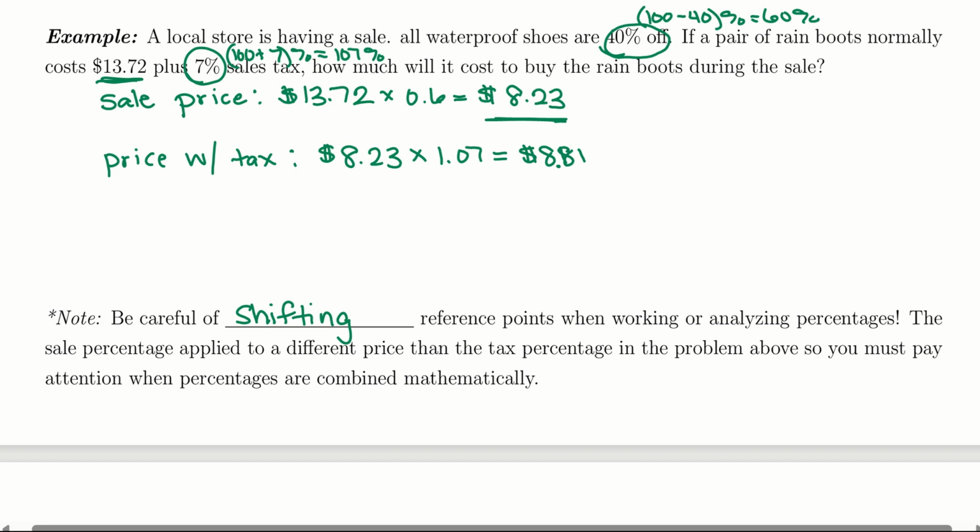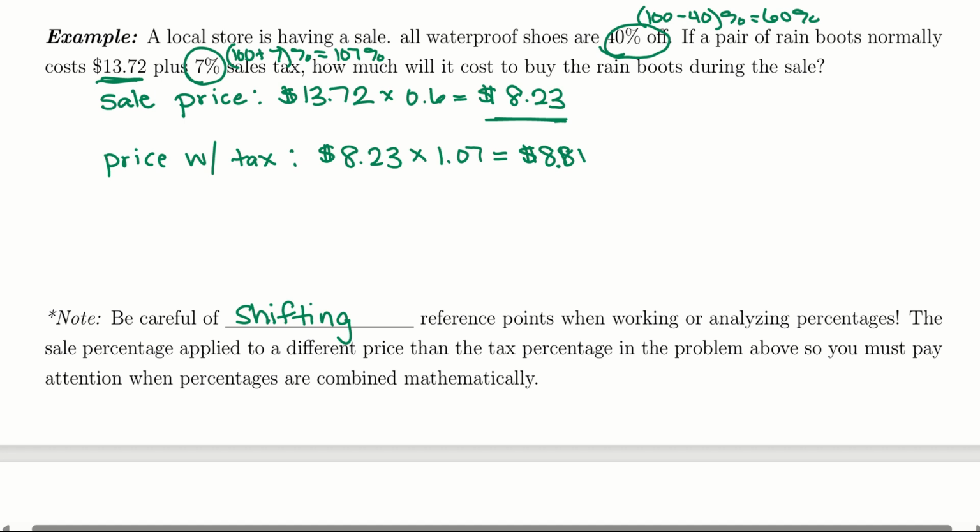So you have to pay attention whenever percentages are combined mathematically, whether they're added together, whether percentages are being averaged. You always have to think about what information you are losing when you combine percentages into one step, one quantity.